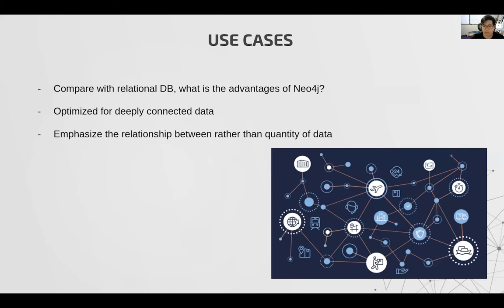But in Neo4j, each data point, or each row in the table of MySQL, will have a different relationship to another data point. So it will emphasize the relationship rather than listing row by row of data. I will show you the difference later.